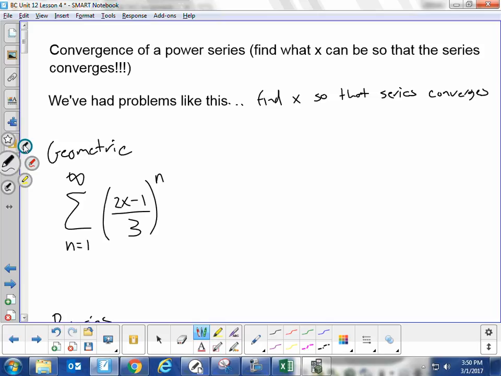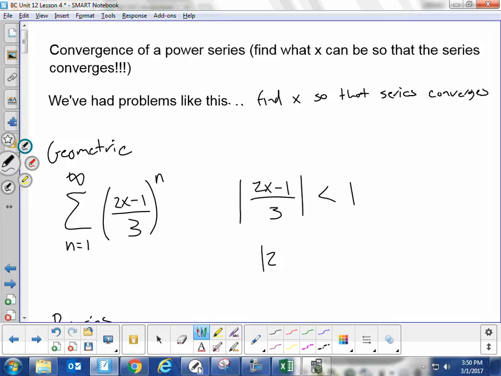And we've already had some power series, like a power series that ends up being a geometric series. We had an x in here. The question is, find x so that the series converges. And you said, okay, that's easy. We know that just the absolute value of 2x minus 1 over 3 had to be less than 1, being a geometric series. I'd end up multiplying by 3.